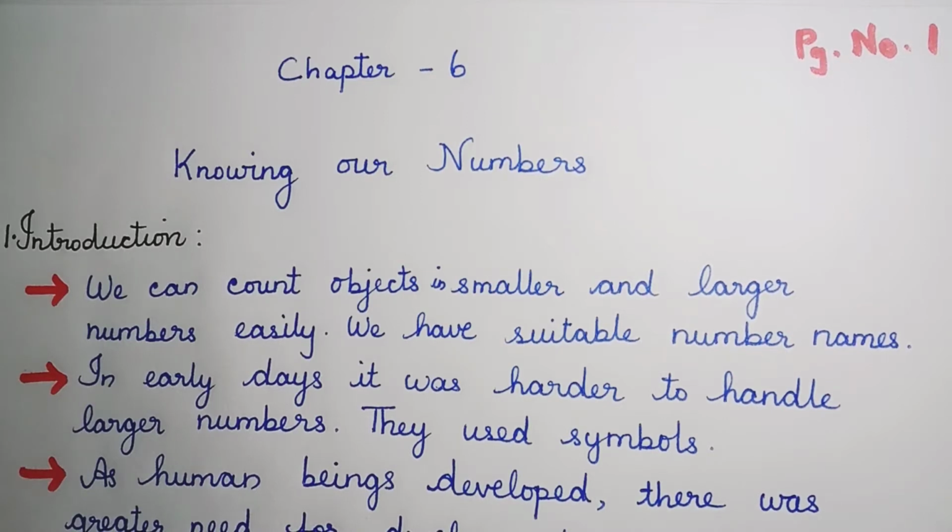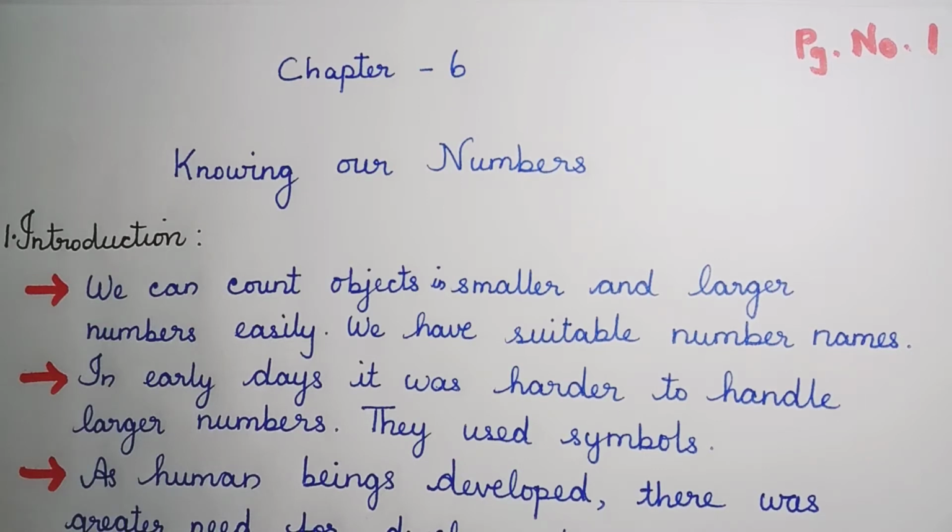So what is a number? Nowadays we can count our objects, in smaller or large quantity, very easily, right? We can easily count an object whether it is a smaller or larger number.